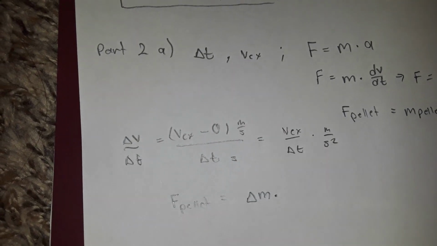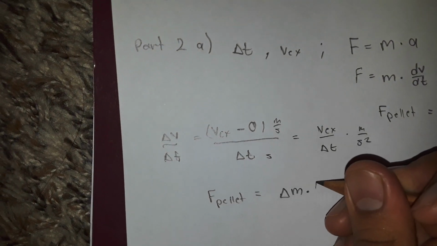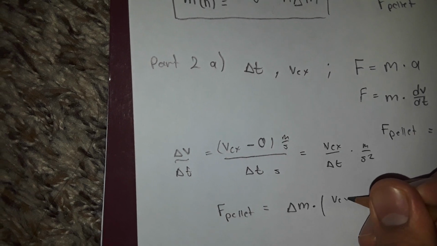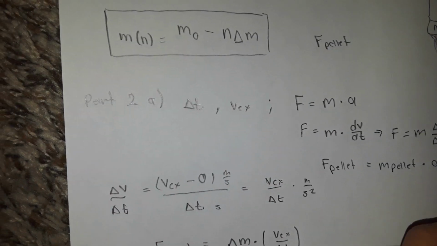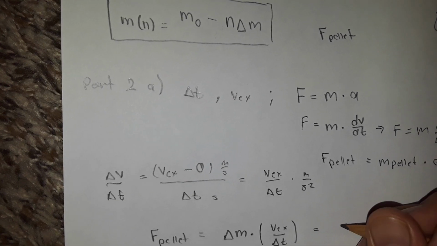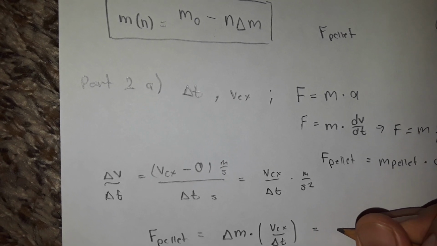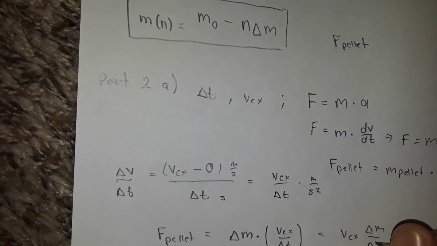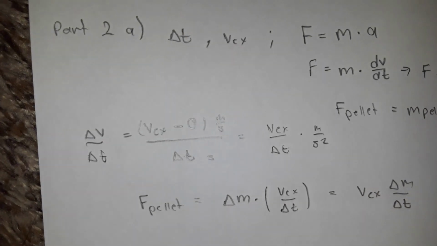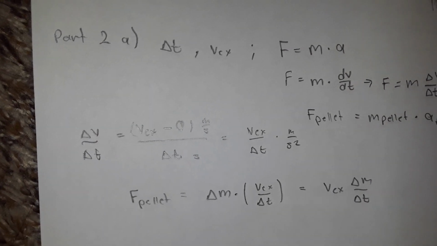So right here, we're just going to approximate and put Vx over delta t. And this can be represented as Vx delta m over delta t. And so this would be the magnitude of the force.